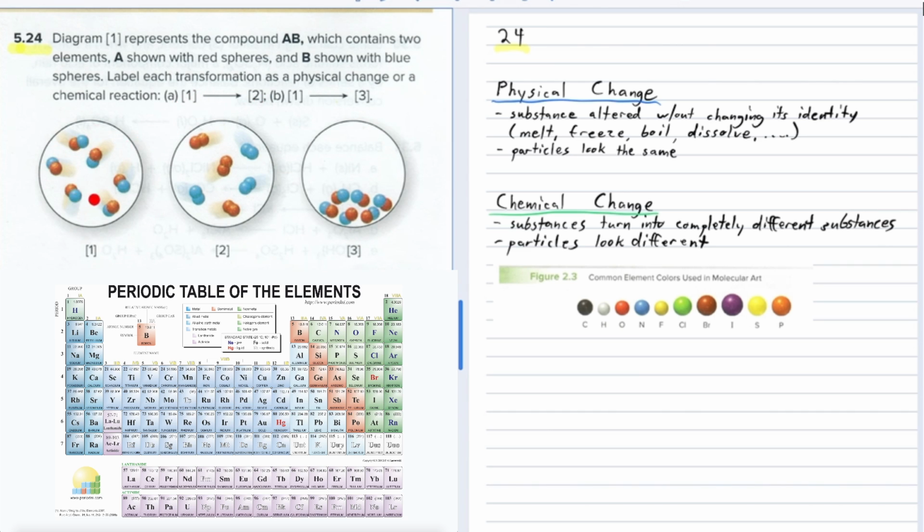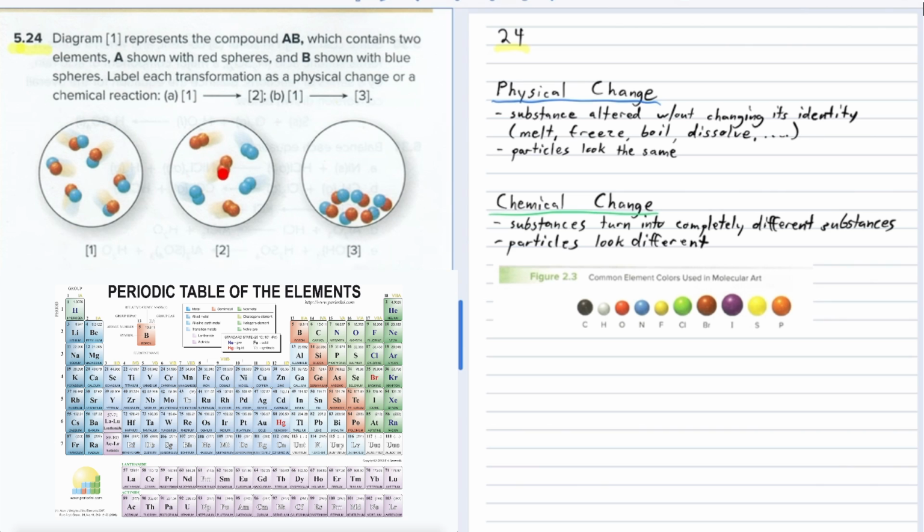Now, do the particles in diagram 1 look the same as the particles in diagram 2, or do they look different? That would tell us if it's a physical or chemical change. Well, they definitely look different, because in diagram 1, the red ones are connected to the blue ones, but in diagram 2, they're not.